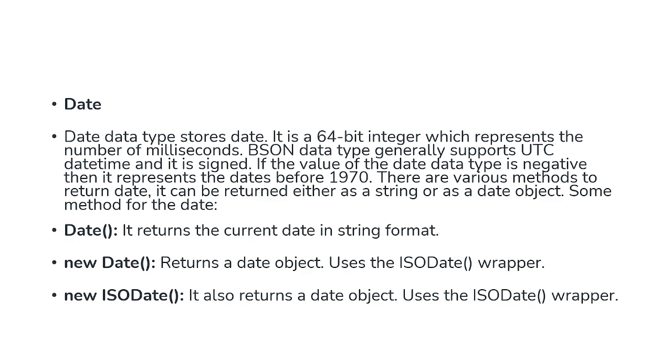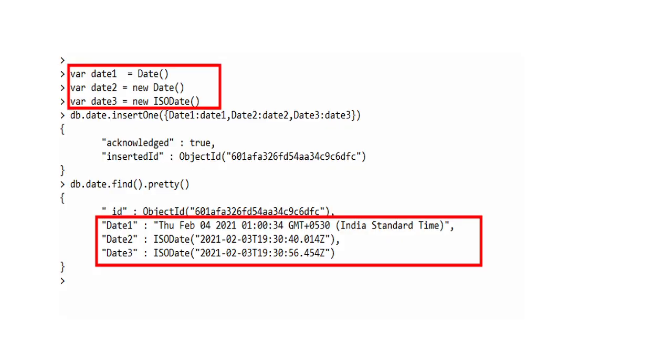So these are the three different inbuilt functions for date. Date represents the current date in a string format. New Date returns a date object by using the ISODate wrapper. New ISODate wrapper is also a data type. So these are the three different date functions used here.